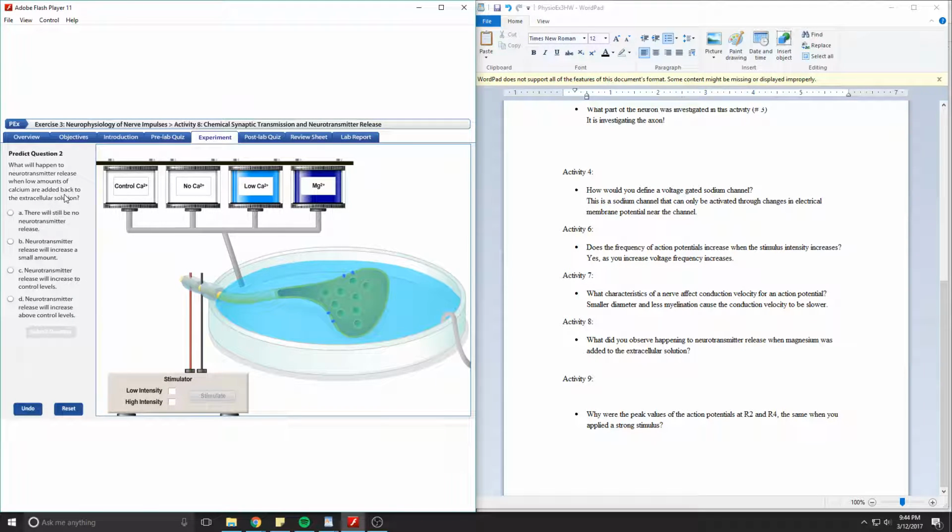Predict question 2. What will happen to neurotransmitter release when low amounts of calcium are added back to the solution? It'll increase a little bit. So we're going to click it.